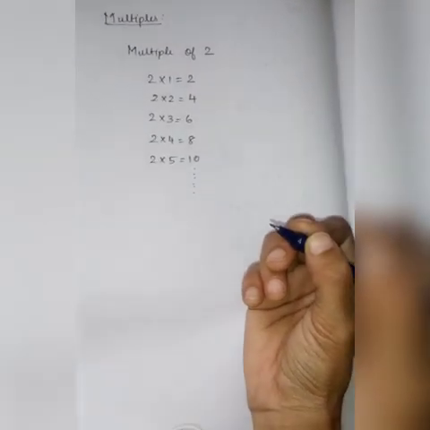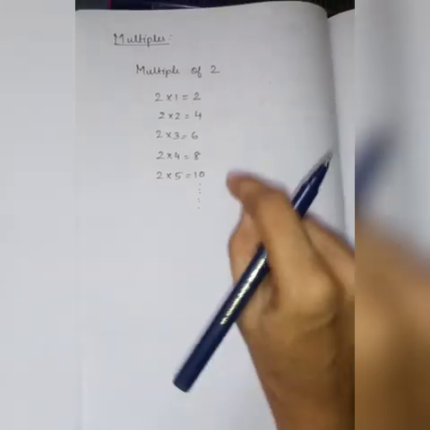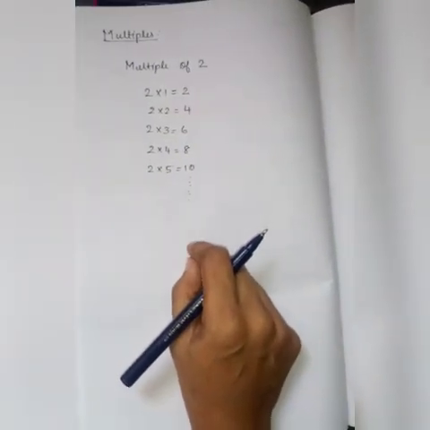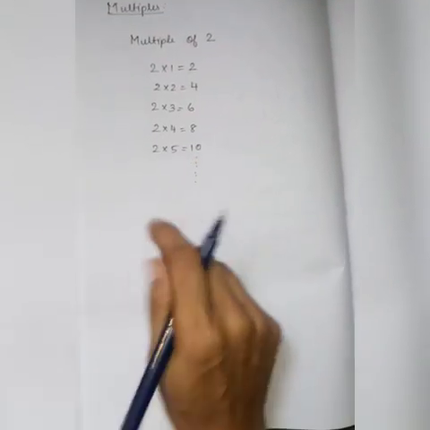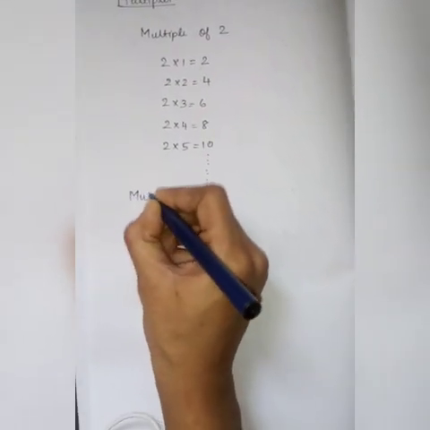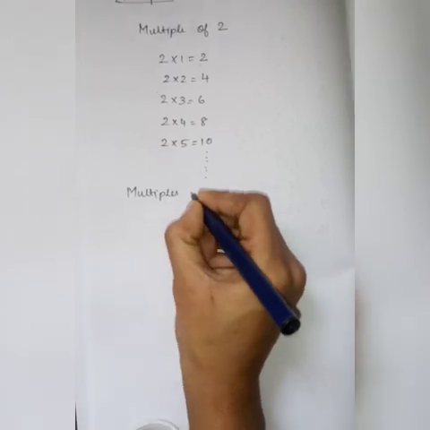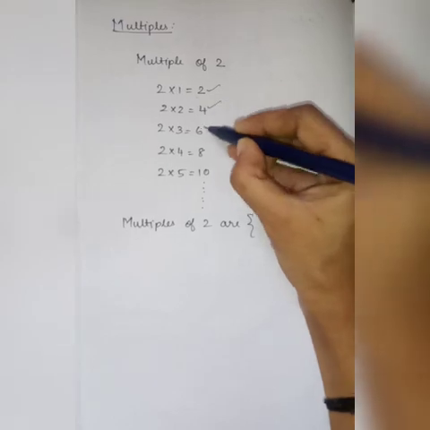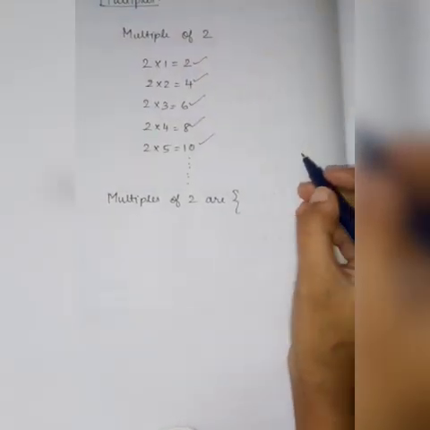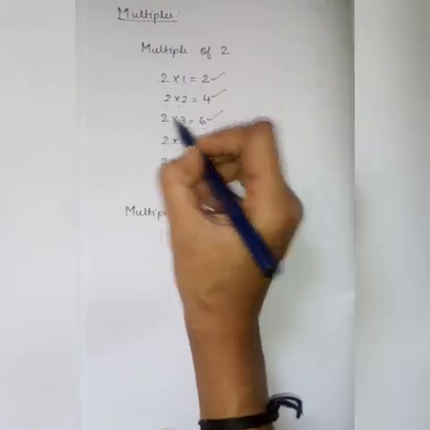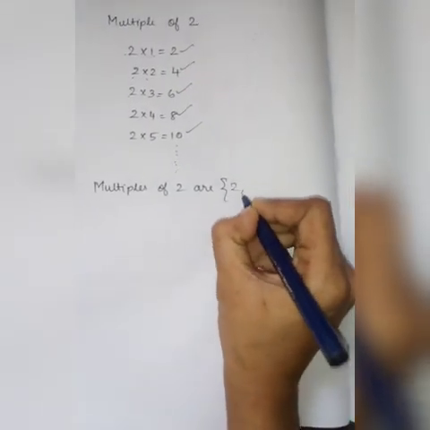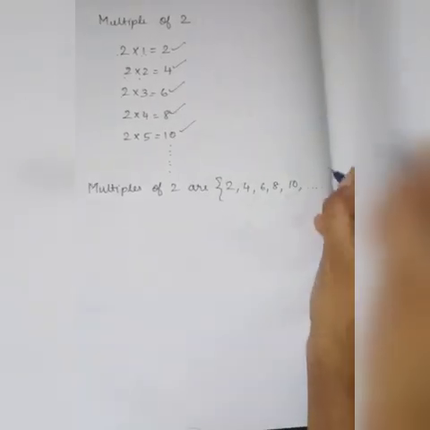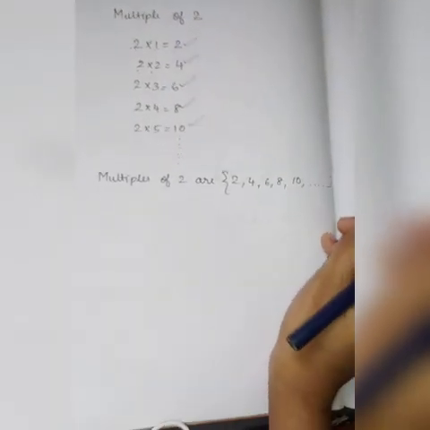Since our numbers are infinite, do numbers have a starting point? Do they have an ending point? No. So numbers are infinite, therefore multiples are also infinite. So what will you write as multiples? The answers are our multiples. The multiplication parts are our factors. So 2, 4, 6, 8, 10, etc.